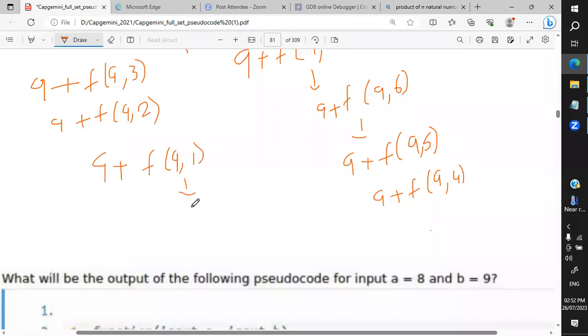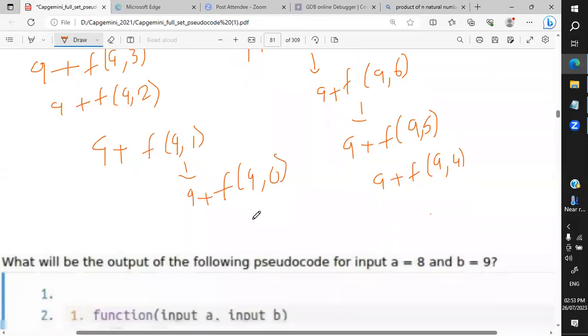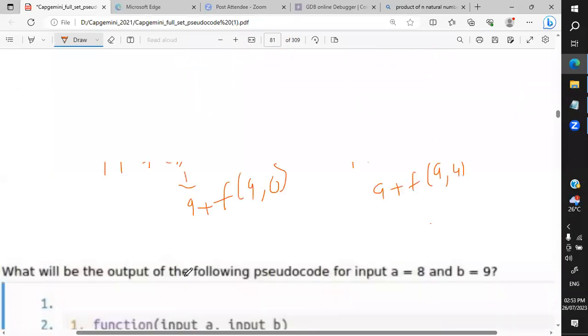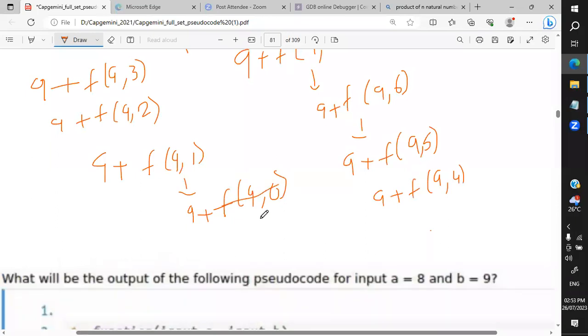Then again 9 plus f of 9 comma 0. For 9 comma 0, what will happen? You have to see. 9 less than 0, false. 0 not equal to 0, false. It will go to the else part and return 0. That means 9 comma 0 is returned as 0.